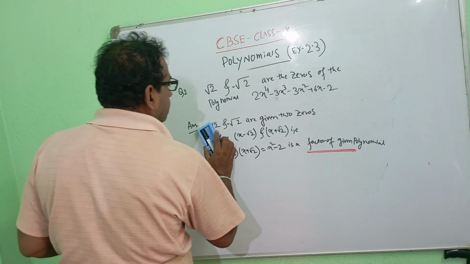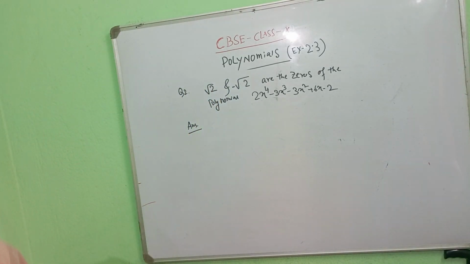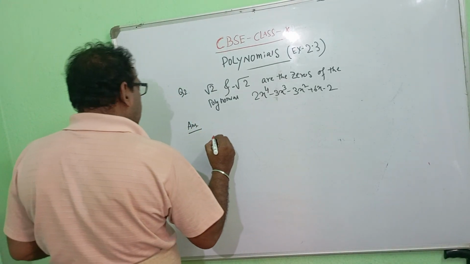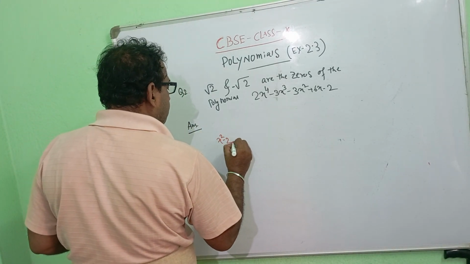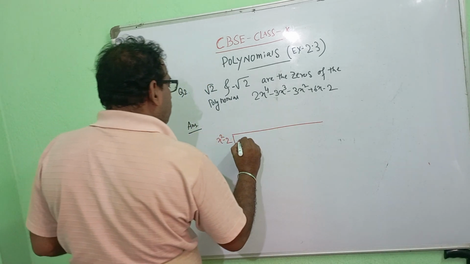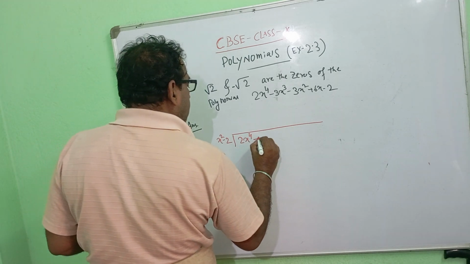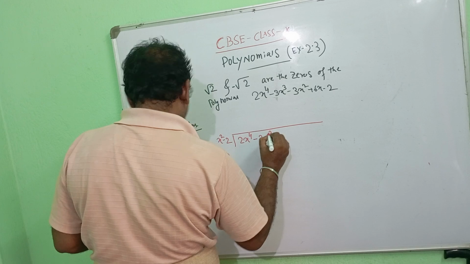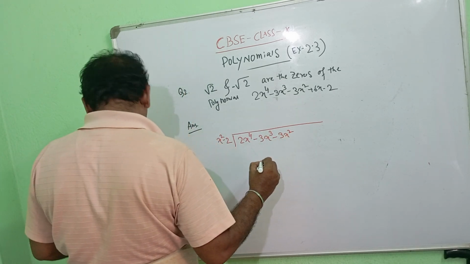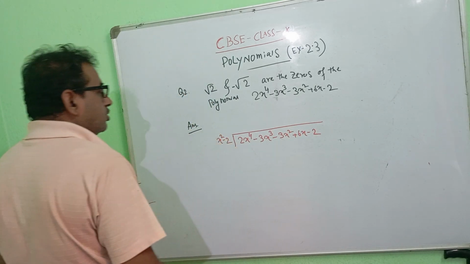What do we do? x square minus 2 divides 2x to the power 4 minus 3x cube minus 3x square plus 6x minus 2.